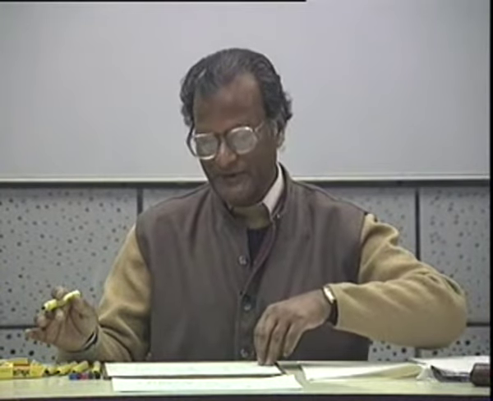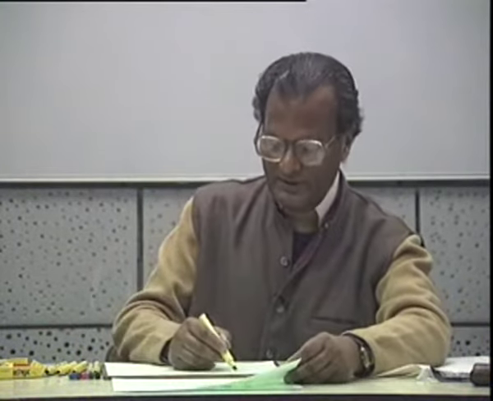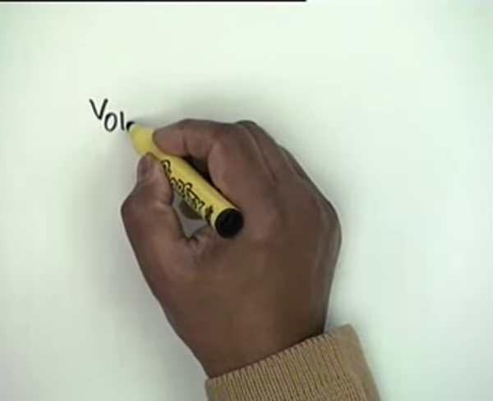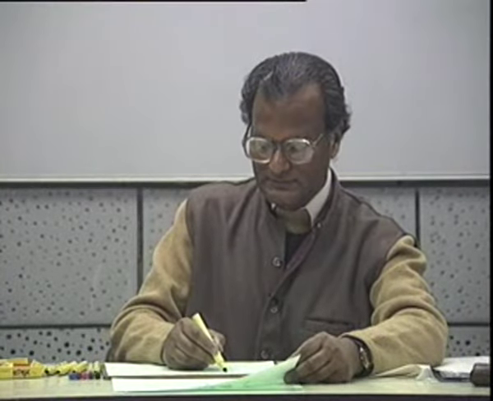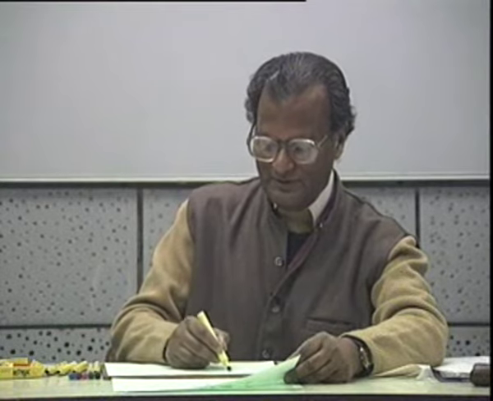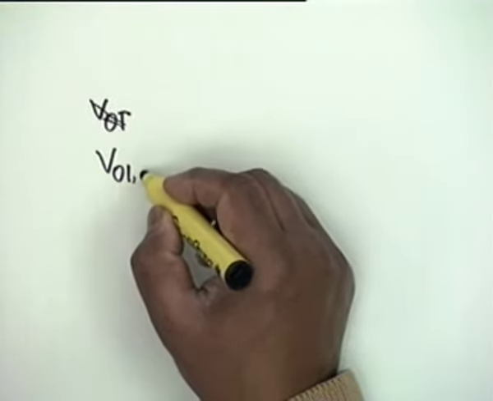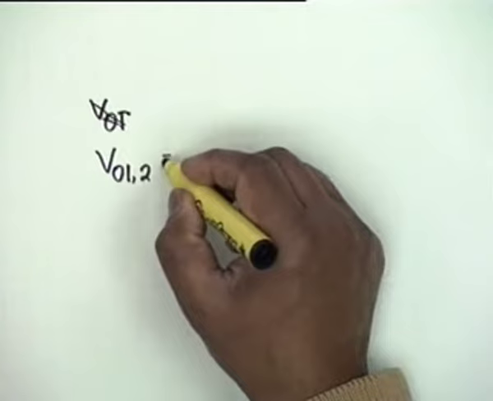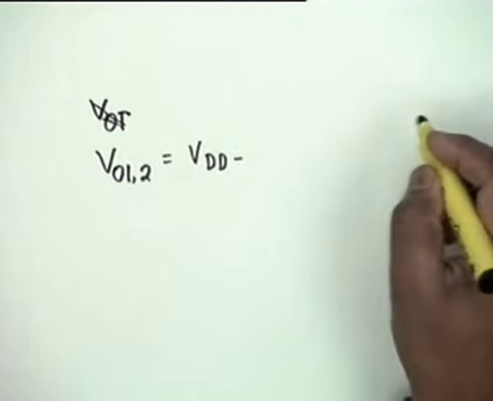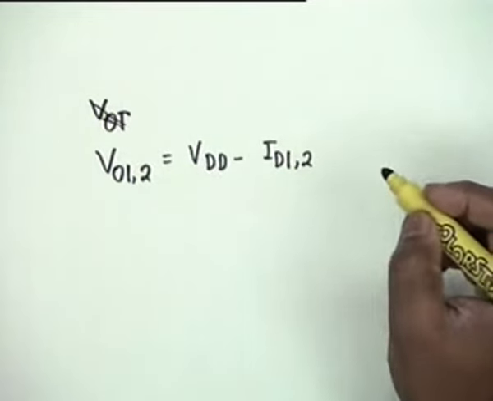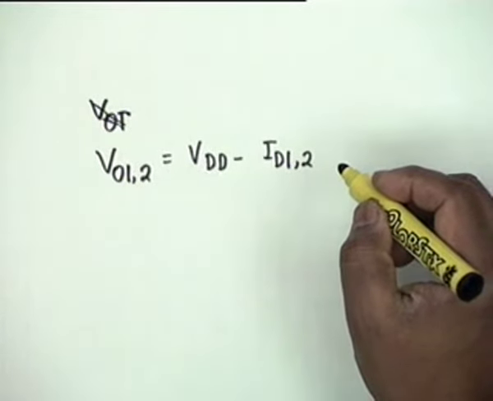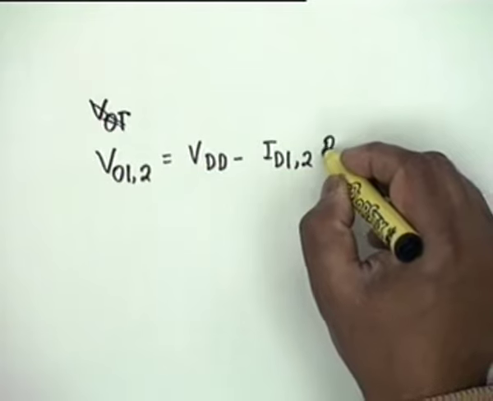In other words, if I find out VO1, no, what did we say? VOD. No, first we have to find out VO1 and 2. This would be VDD minus ID1, 2 times RD.